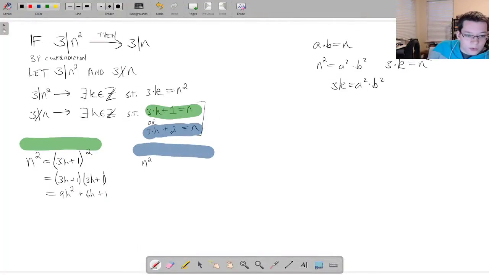So n squared equals (3h plus 2) squared equals (3h plus 2) times (3h plus 2) equals 9h squared plus 12h plus 4.